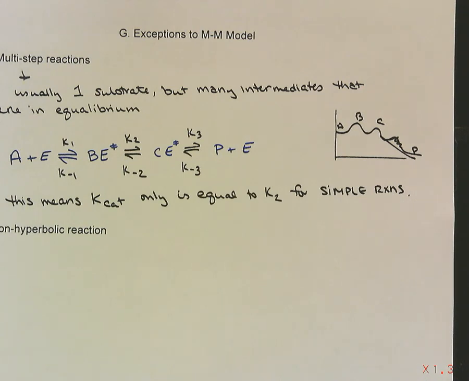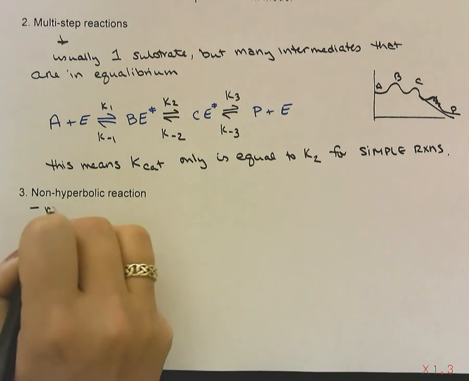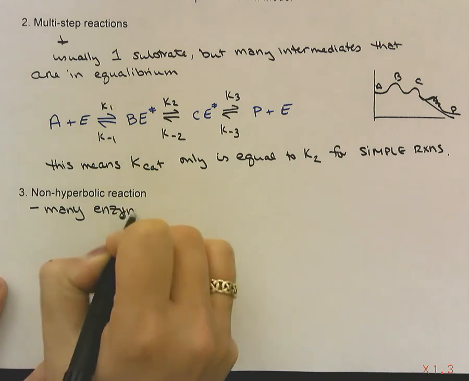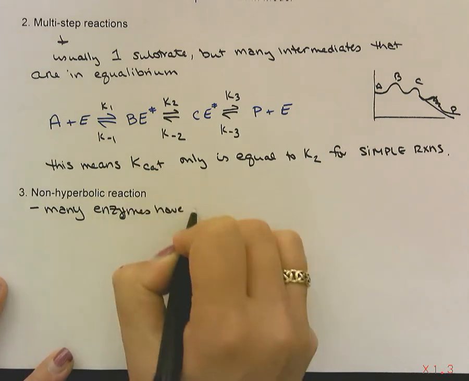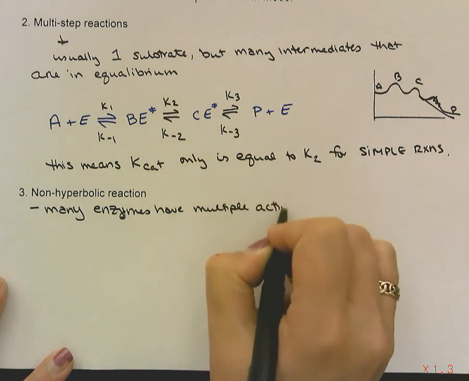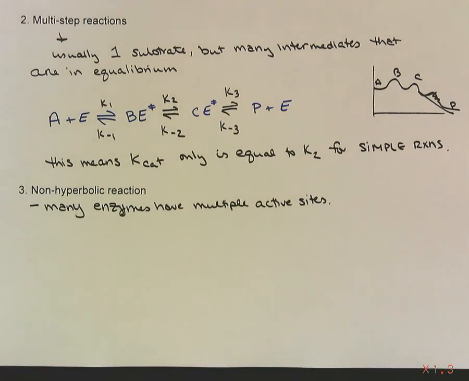Are we all ready for the third exception? Non-hyperbolic reactions. So many enzymes have more than one active site. So it's not just the traditional Pac-Man that you think of when you think of an enzyme.